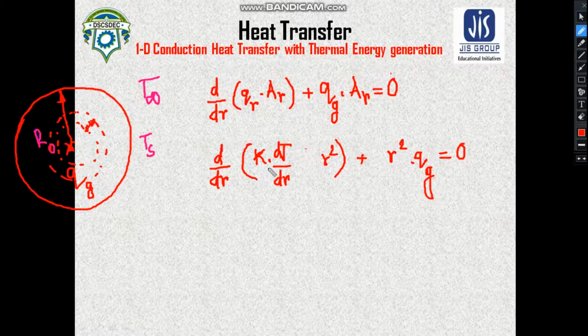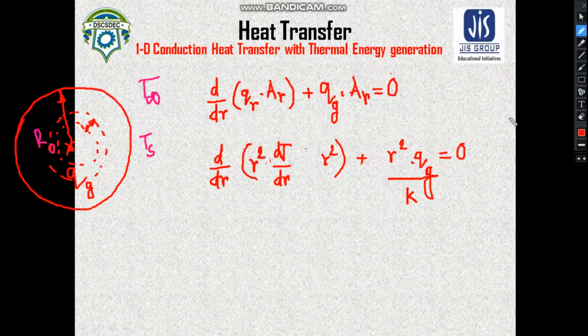And you know, we have assumed a constant thermal conductivity material. That means we have considered an isotropic material, so the thermal conductivity doesn't change. So this thermal conductivity can be treated as a constant. So dividing this equation by the thermal conductivity, we are left with this.